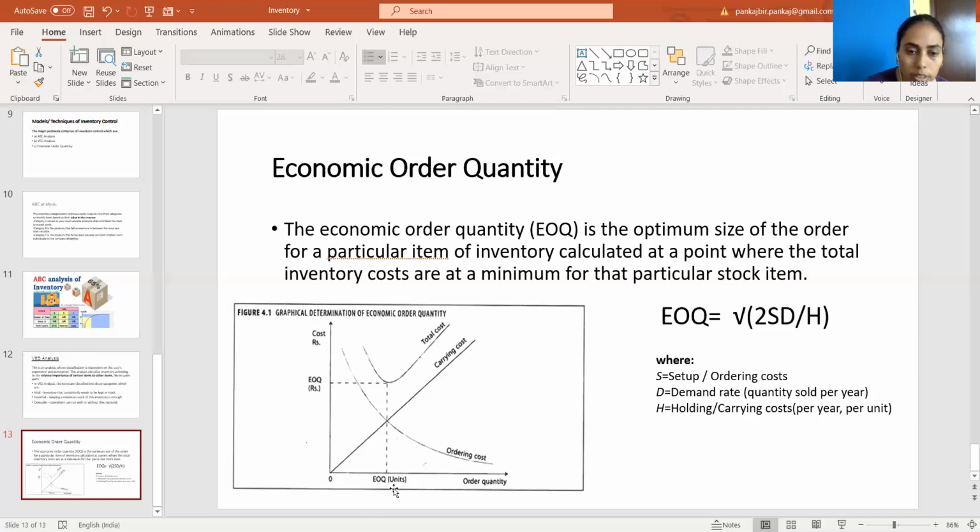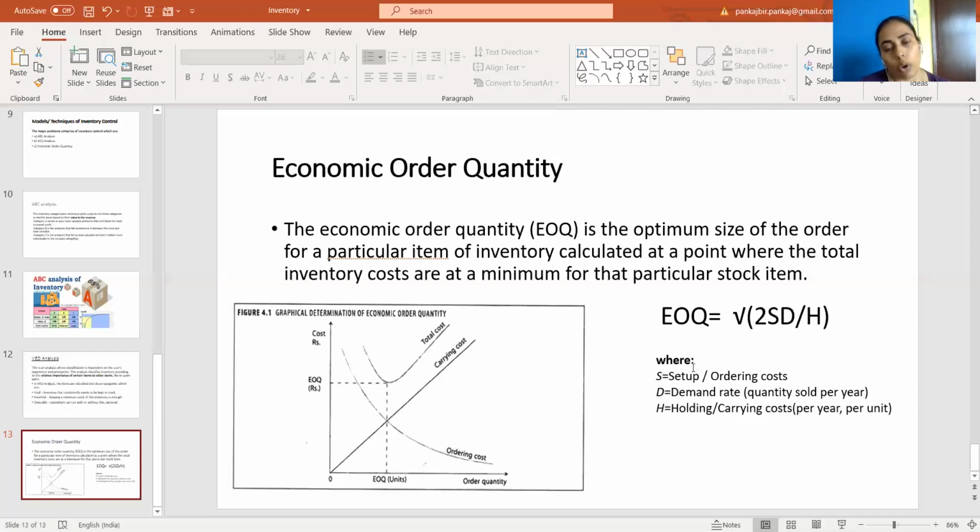So this is the quantity which we need to order to minimize the total cost of holding or carrying inventory. And you will see that where the carrying cost and holding cost become equal, this is the point where the total cost involved in inventory is minimum.